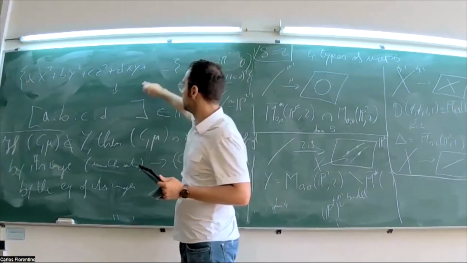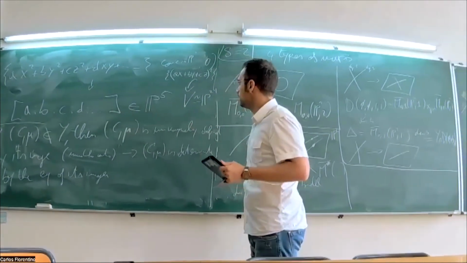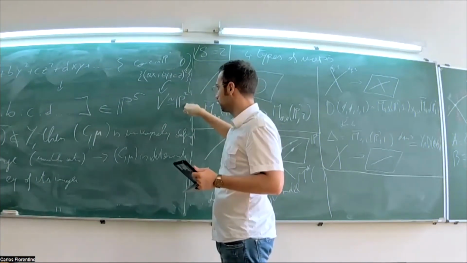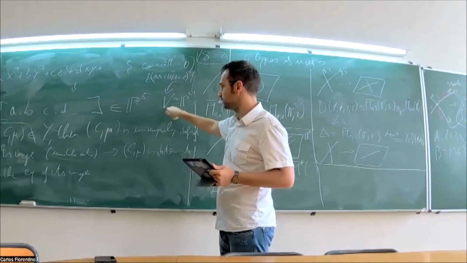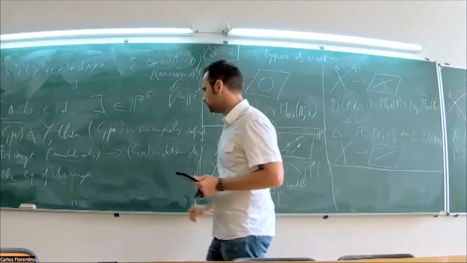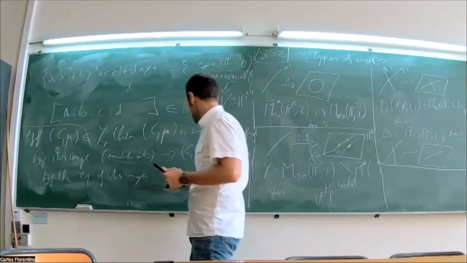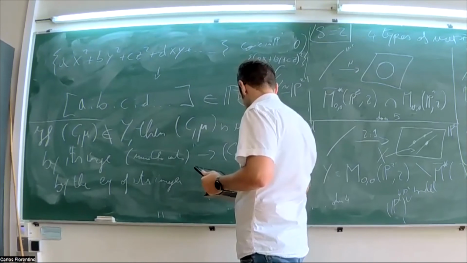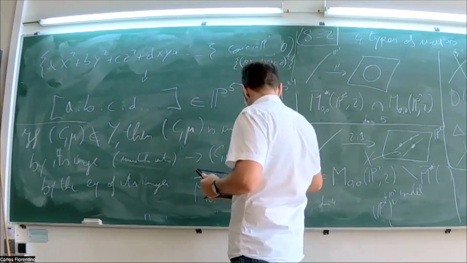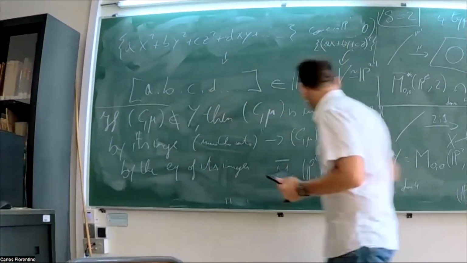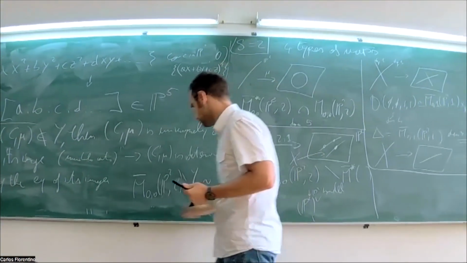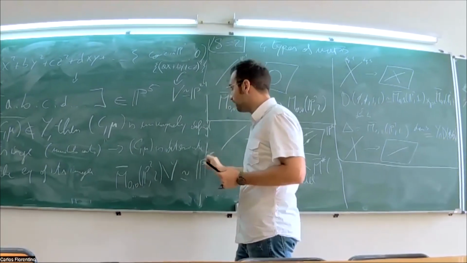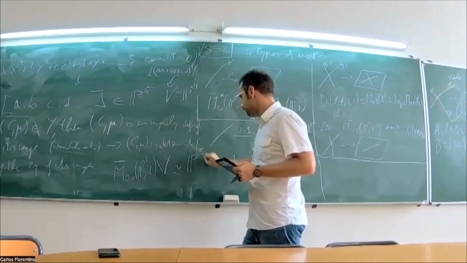And with this map, this is embedded in a surface isomorphic to P2. It's the Veronese surface. So by what we said here, M bar 0,0 (P2, 2) minus Y is isomorphic to what? Isomorphic to P5 minus V.